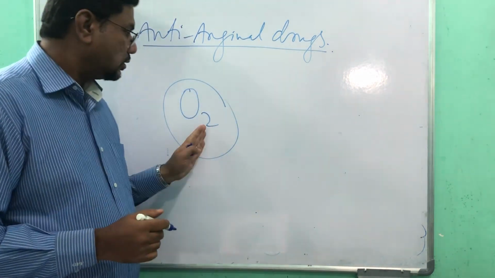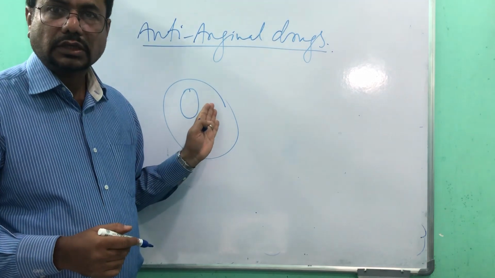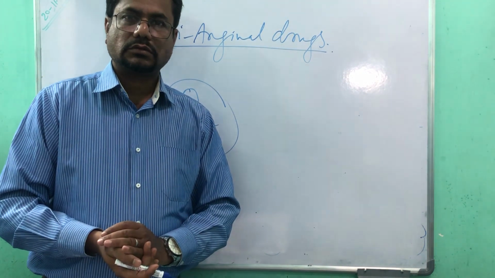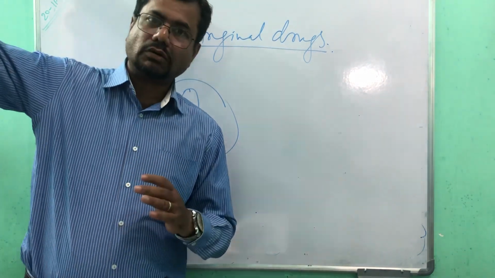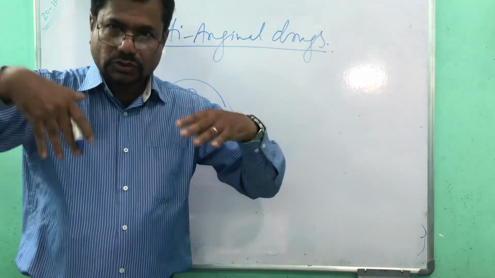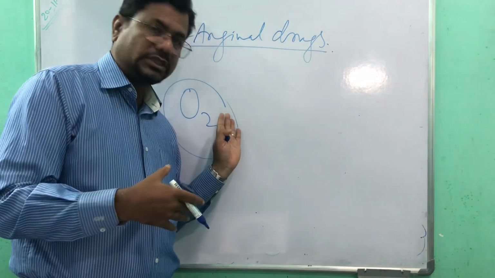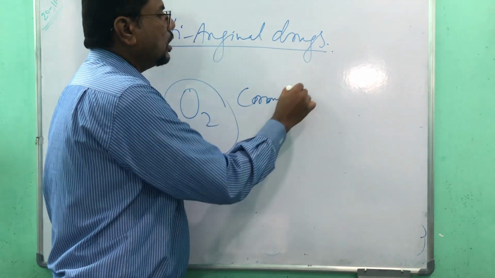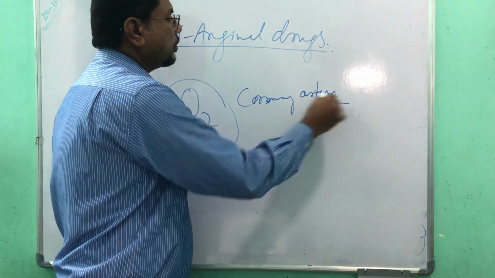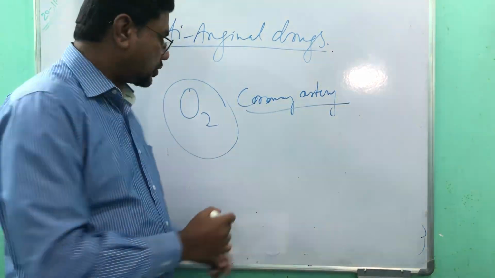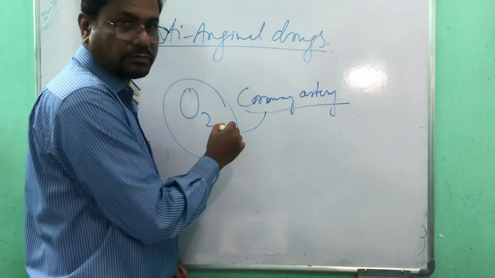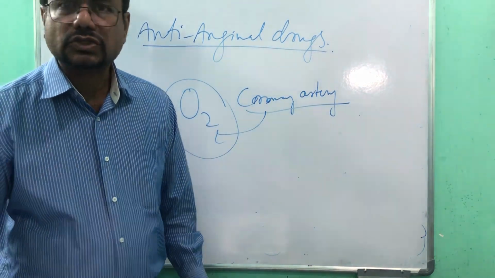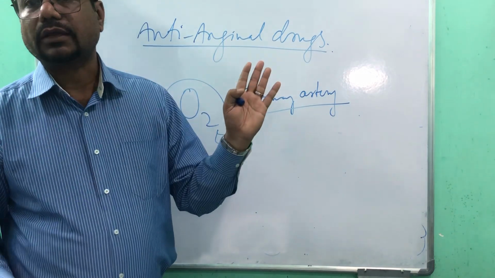Myocardial cells need oxygen. To pump the blood to all parts of the body, it also gets oxygen from the coronary artery. If the oxygen supply from the coronary artery is less, we get a pain. That is called anginal pain.